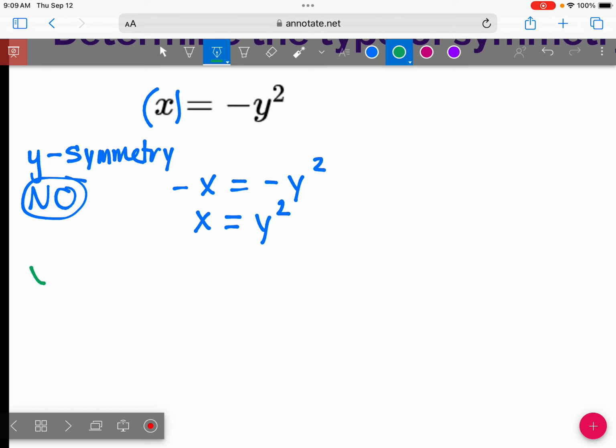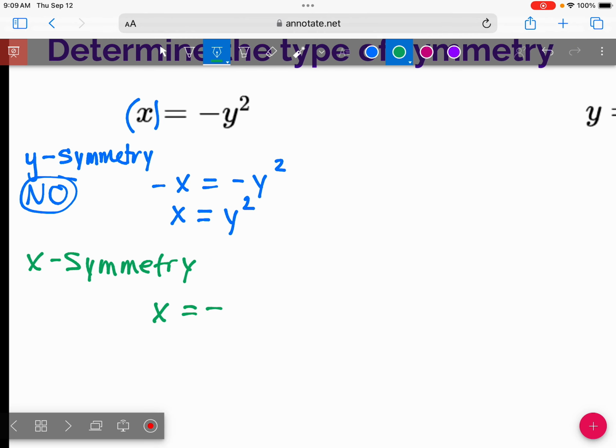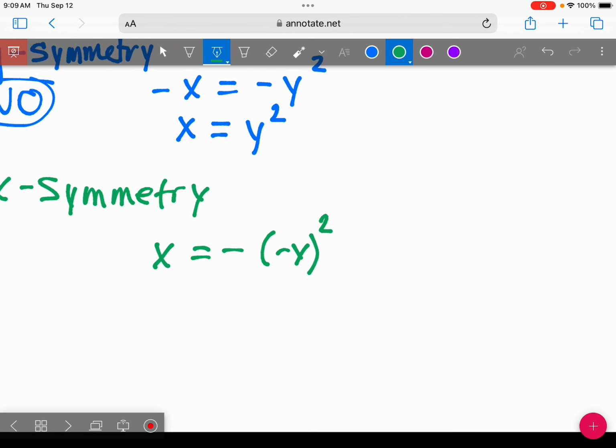To do our x-axis symmetry, that's when we replace the y with the opposite of y. So we're going to have x equals the opposite of negative y squared. What's going to happen here?